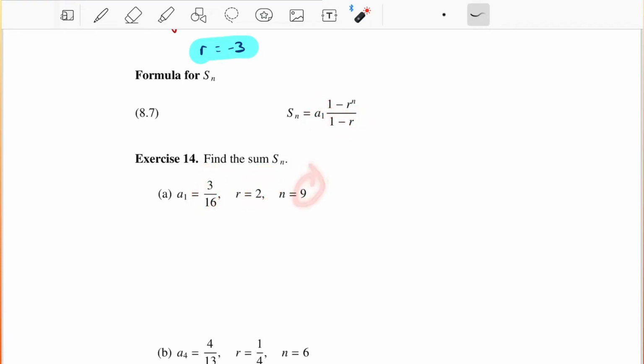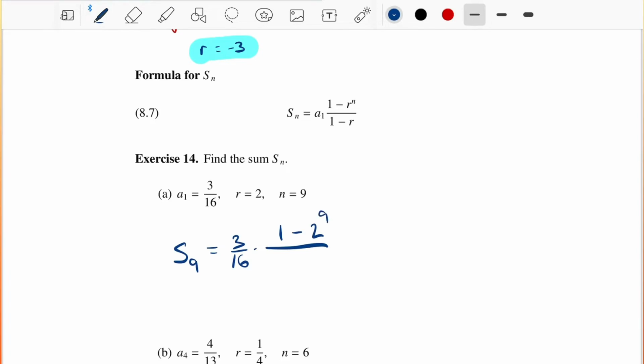S sub n is going to equal A sub 1, which is 3/16, times 1 minus R to the n power over 1 minus R. Okay, so let's do the numerator first. What's 1 minus 2 to the 9th power? That is negative 511, over negative 1.